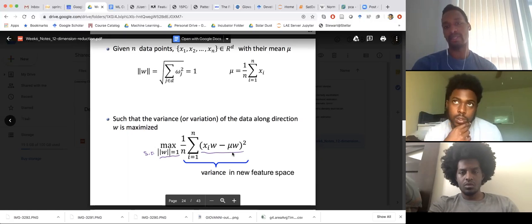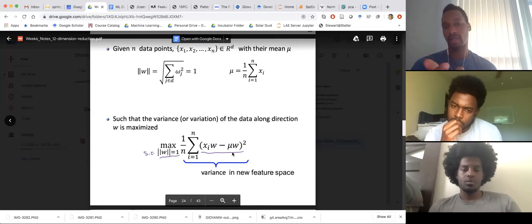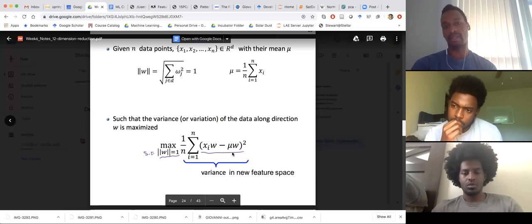And then this is just saying that you have the variance inside the sum. Remember we talked about variance being the data minus the mean, so if you just don't look at the w right now and just look at xi and mu, it's the difference between each point minus the mean squared, and so that's just the variance there. And so you're trying to maximize that such that the norm is equal to 1.